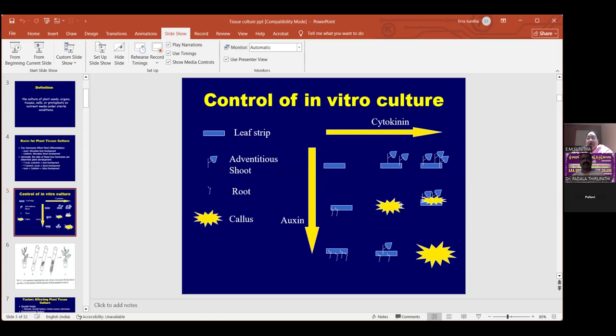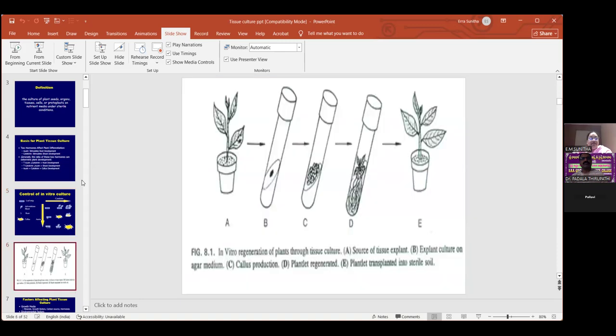When you increase or decrease the cytokinins, you will be able to do this. As we discussed in the previous slide, auxin is required more for root development, and for shoot development cytokinins are required in more concentration. That is very, very important.